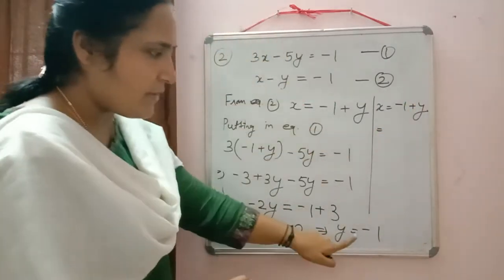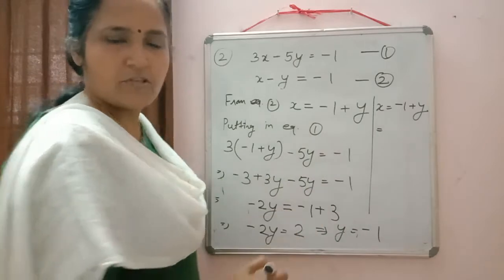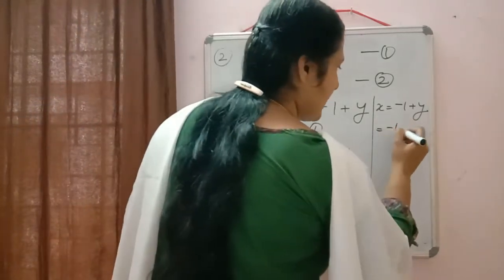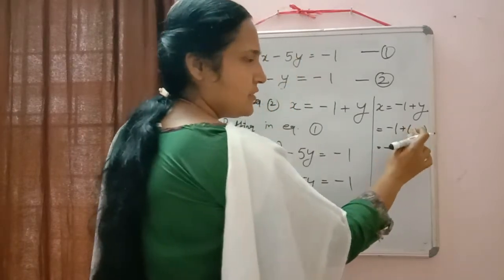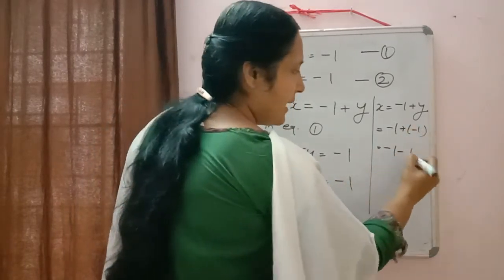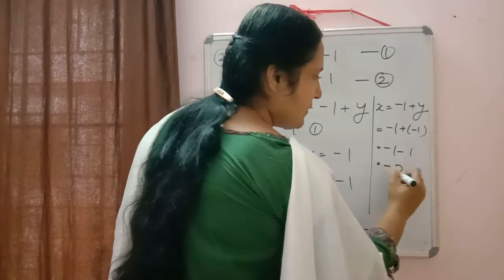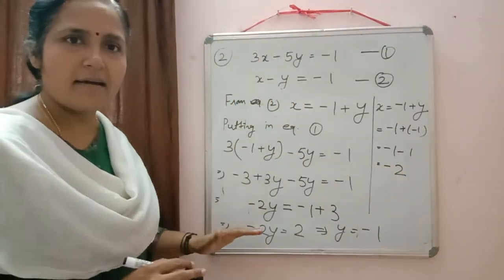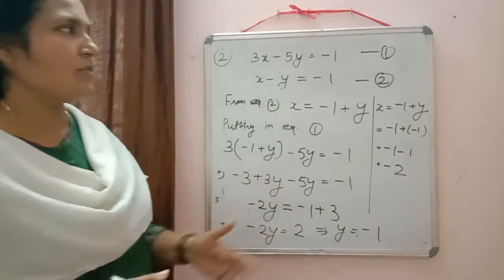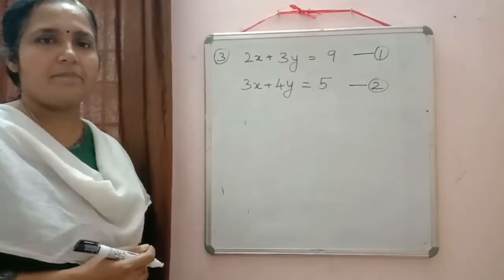So in place of y, now we got minus 1. So substitute the value there. So we will get minus 1 plus minus 1. Minus 1 plus into minus will be equal to minus. So we will get x is equal to minus 2. So hope the method is clear. Okay. So moving on to the next question.